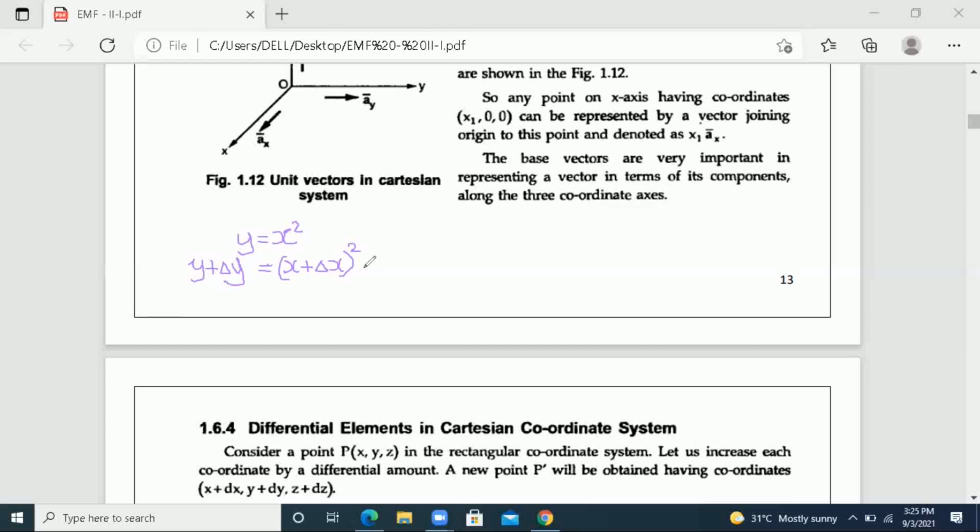Sir, x squared plus 2x delta x plus delta x squared.